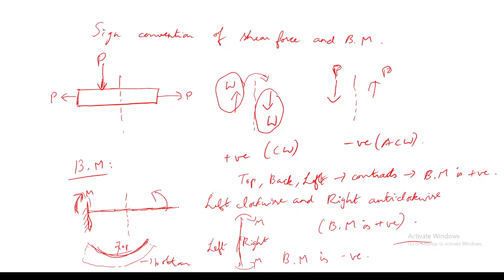For example, if you have a beam like this and you are applying some moment in the horizontal plane, then the back surface contracts, so here the bending moment will be positive. So these are all the sign conventions with respect to shear force diagrams and bending moment diagrams. Now let's proceed to the problems.